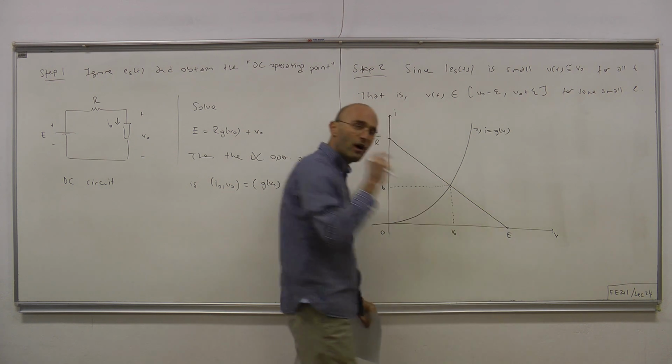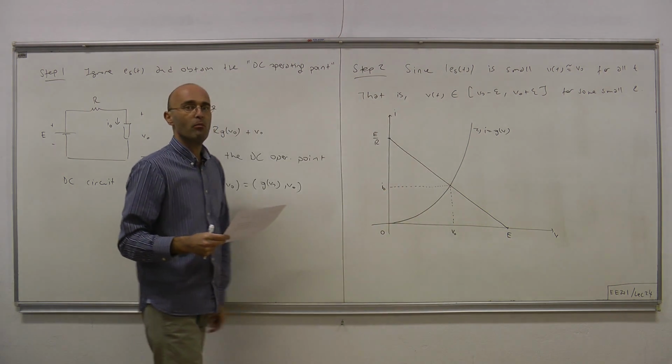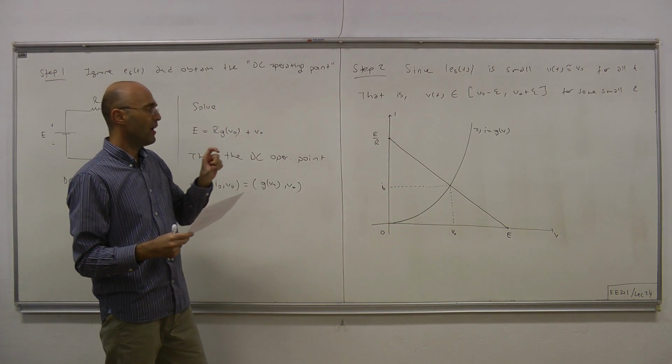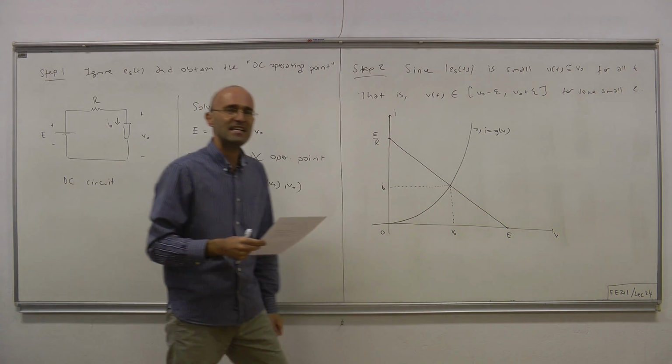Now, without the AC component, the voltage provided by the source is constant, E. Now with the AC component, the voltage provided by the two sources combined is E plus ES of t.